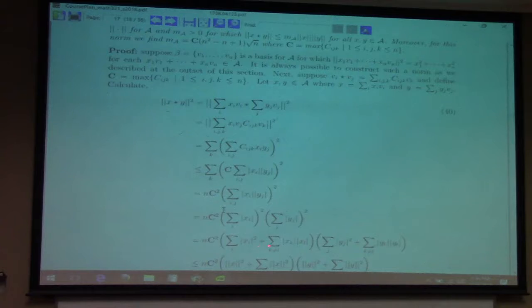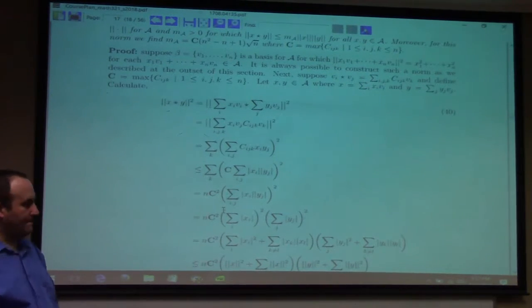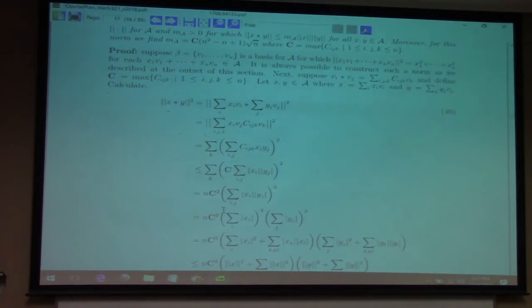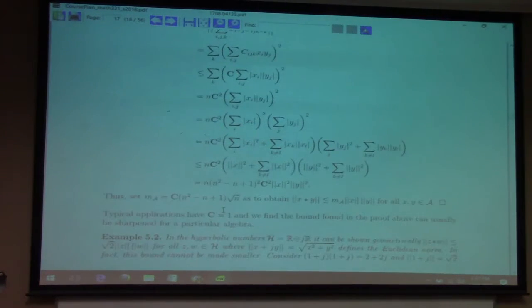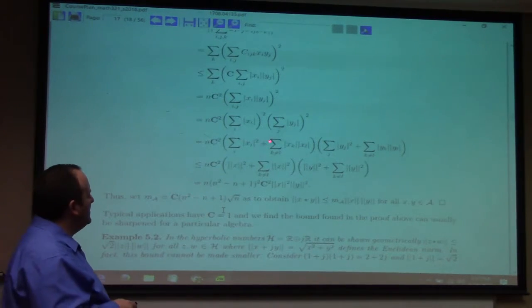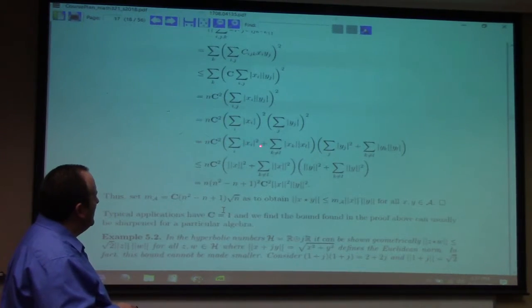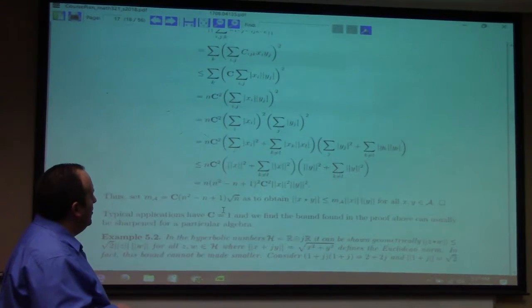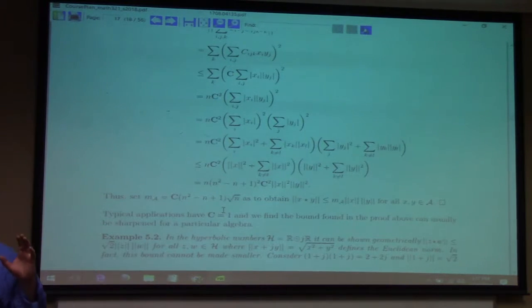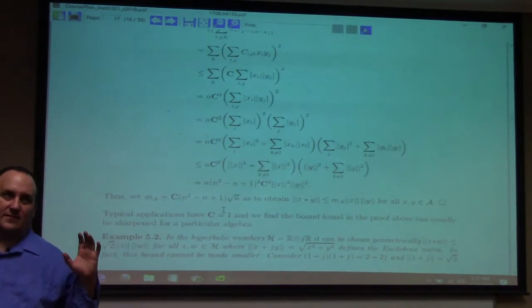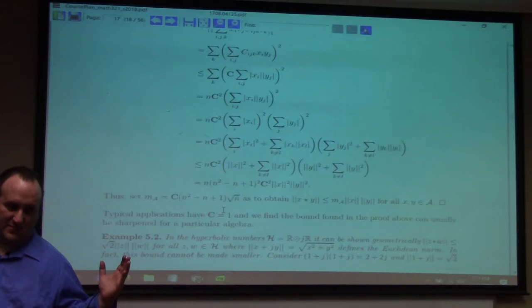And then I break it into two pieces. What are these pieces here? Why did I do this? Because you might notice that that has lots of cross terms, right?